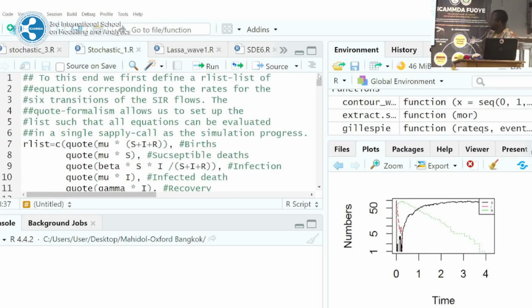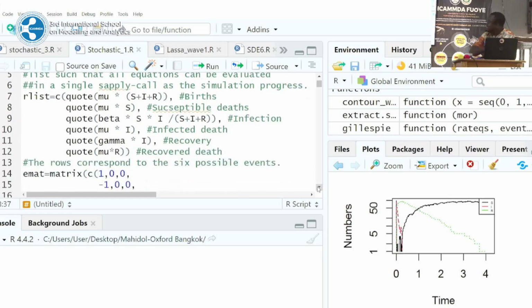So we have the R list, which is a list of equations corresponding to the rate of the six transitions of the SIR flows. The code formalism allows us to set up the list such that all the equations can be evaluated in a single sapply call for the simulation progress. So now we have the R list.